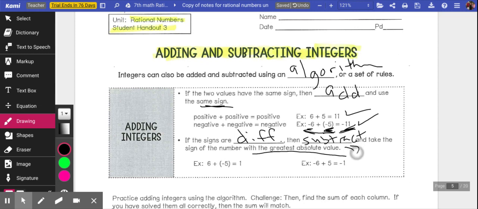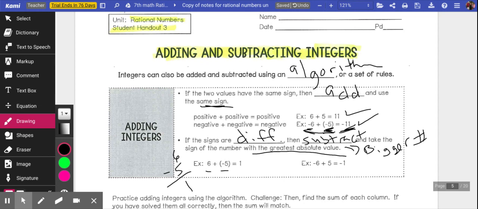So right here, you might want to write that, because some people get confused at what that means. So for example, we have a 6 plus a -5. Those are different signs. So we actually subtract and do 6 minus 5. And we get a 1.